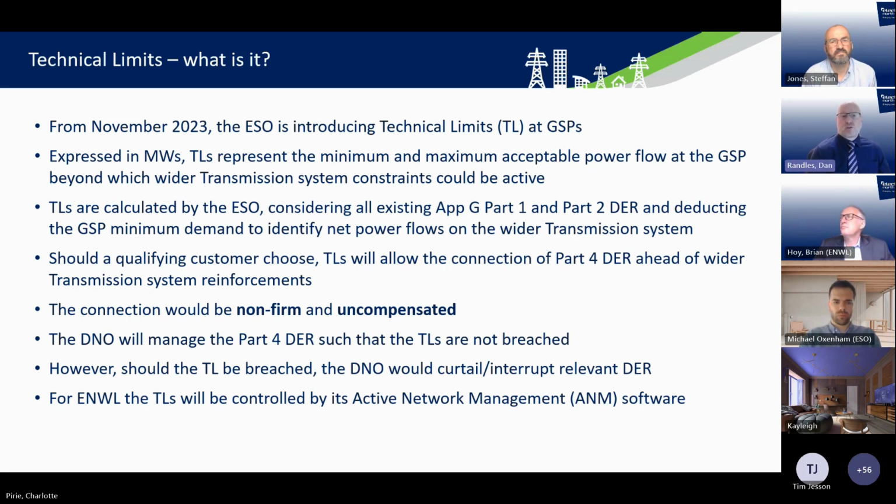Should customers that qualify for taking advantage of technical limits wish to choose so, it's not compulsory, clearly a choice, then essentially it would allow those customers currently sat in Part 4, behind wider works, to connect in advance of those works being completed. The condition of that offer is it's non-firm, which means you could be interrupted.